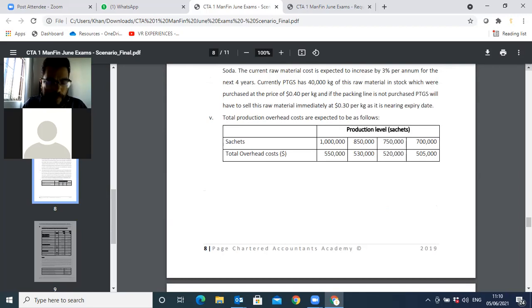Now, remember, the question says discuss with calculation. So our calculation is going to be an NPV calculation. But as you can see, there are lots of assumptions we need to make. So that is going to be the discussion, that we're making assumptions.